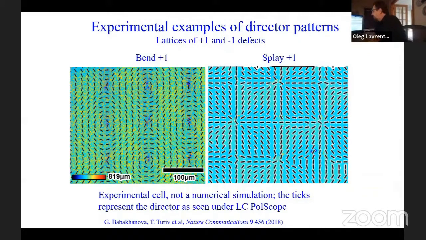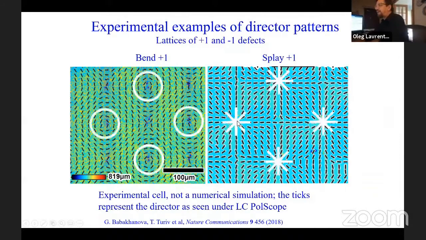The only difference is that in the pattern on the left, you see mostly circular director orientation, and in the pattern on the right, you see mostly radial orientation of the director. So those are two different modes of the orientational distortions in the system.